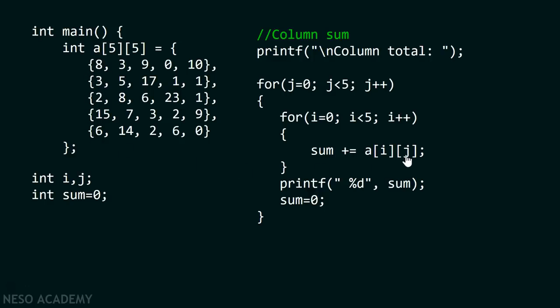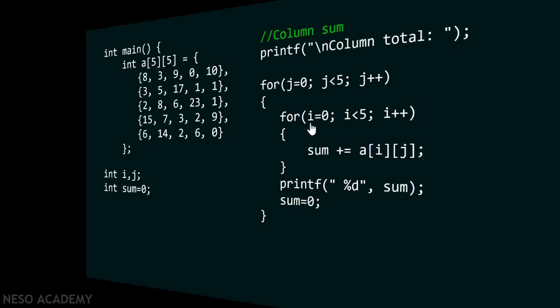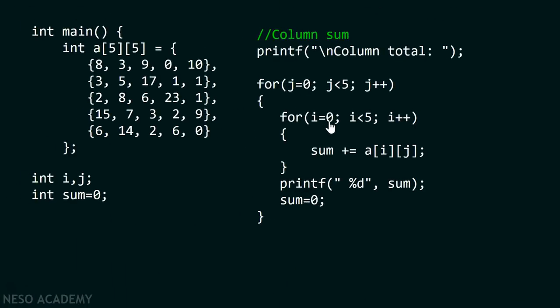Therefore, j needs to be static and i should move from 0 to 4. That is why I put j over here and i over here. When j is 0, i will go from 0 to 4. That means we will simply add all these elements which are there in this column, and similarly we will add all the elements which are there in the other columns, right? And the rest of the process is the same as what we have seen in the row sum. We'll print the sum and then we will reset sum to 0.